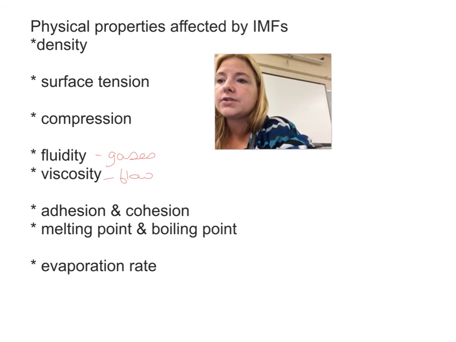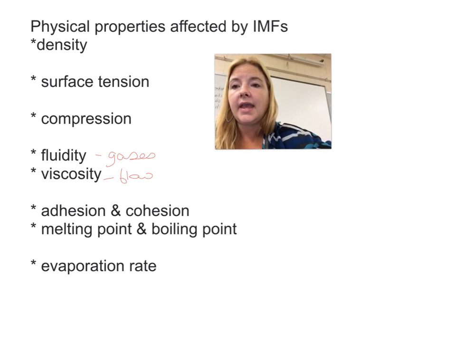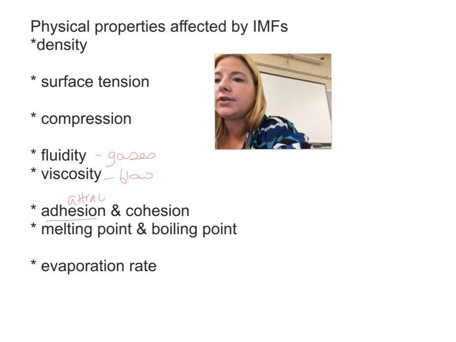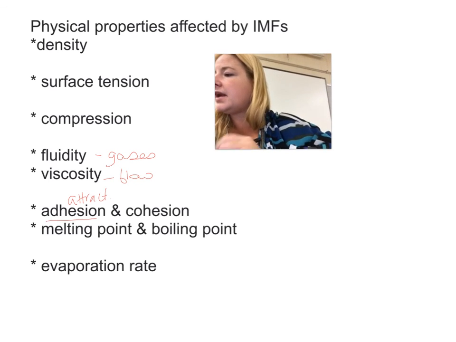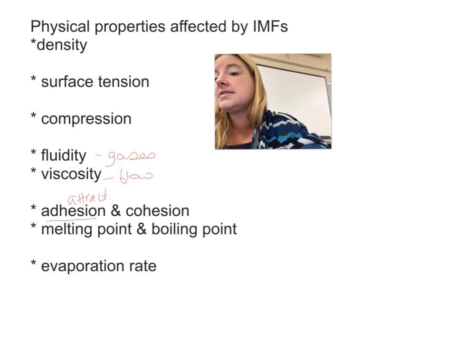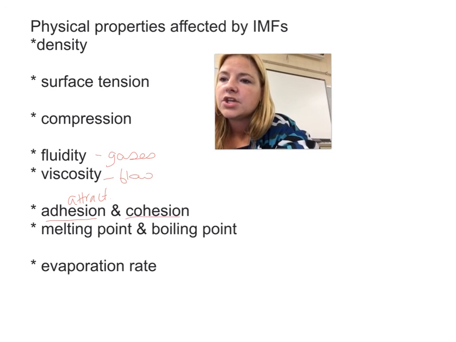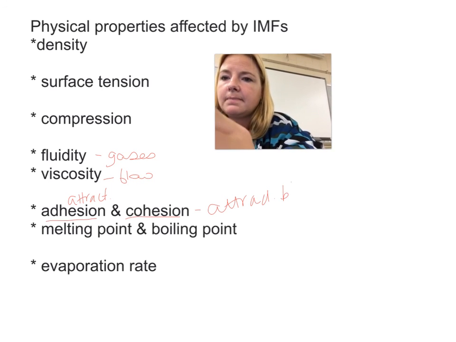We're also going to look at adhesion and cohesion. Adhesion is going to be the attraction between molecules that are different materials, whereas cohesion is going to be that attraction between the same.